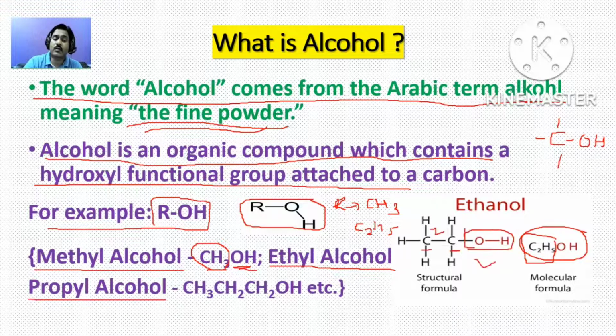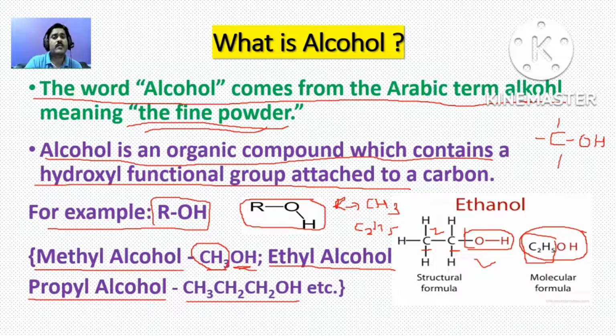Similarly, propyl alcohol, where the OH group is attached with three carbon atoms. So alcohols are those compounds which are formed when a hydroxyl group is combined with an alkyl group. These are called alcohols.